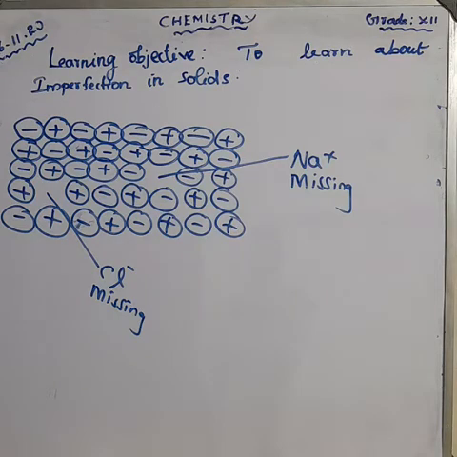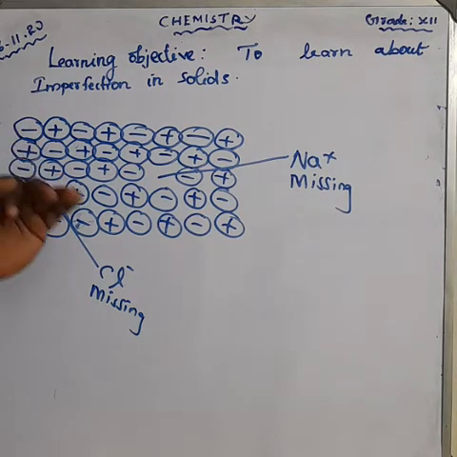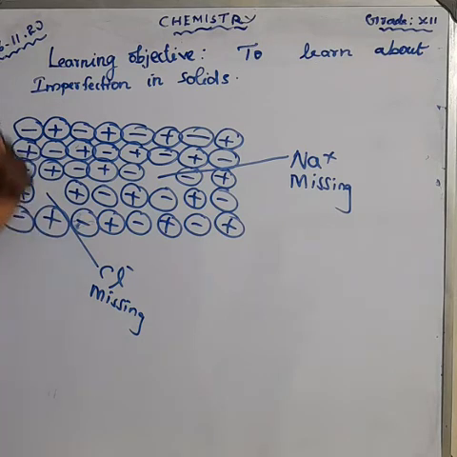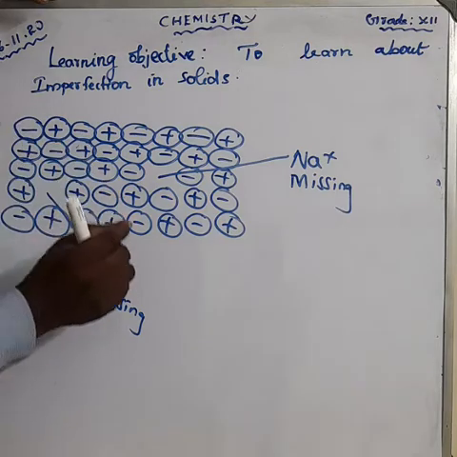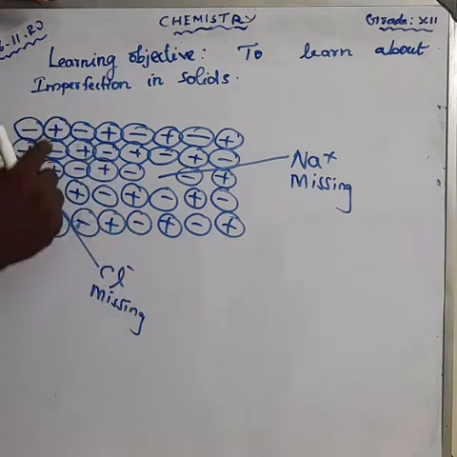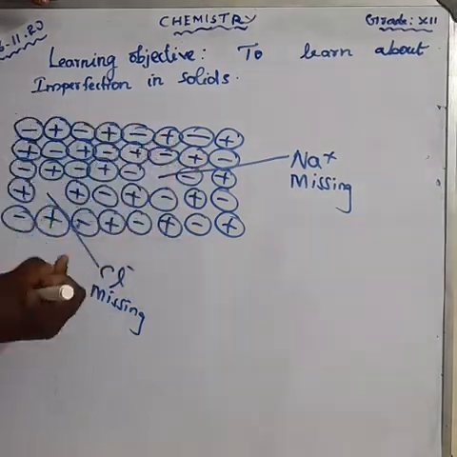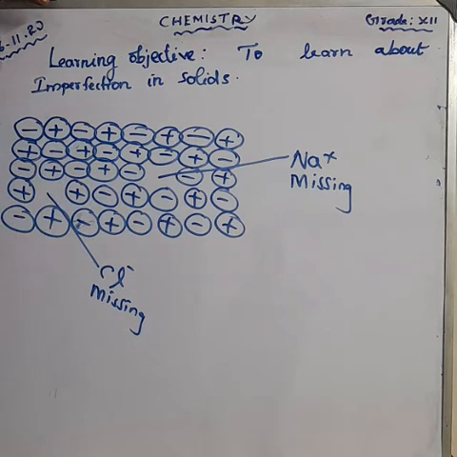The concept is the missing of an equal number of cations and anions from the crystal lattice. That defect is called the Schottky defect. The Schottky defect arises due to the missing of an equal number of cations and anions from the crystal lattice.